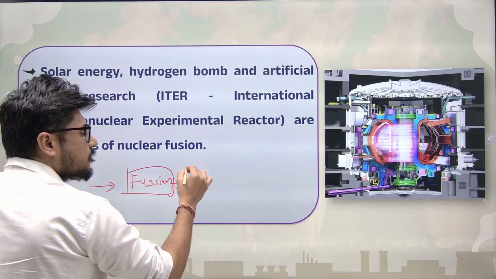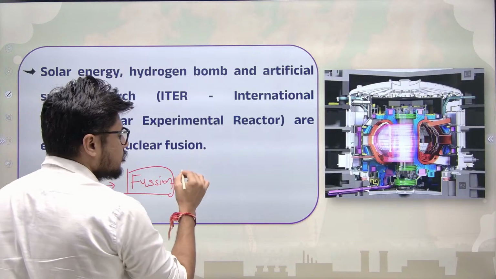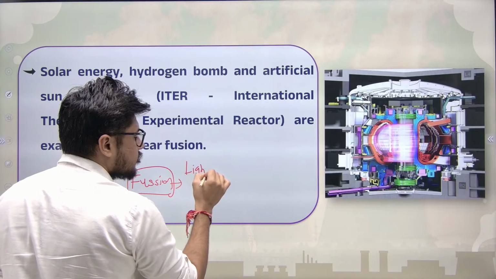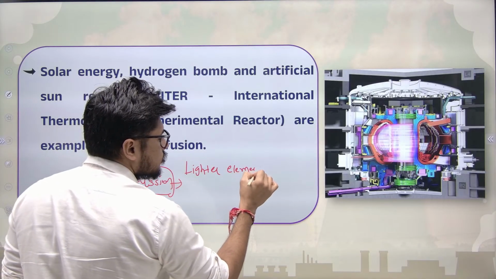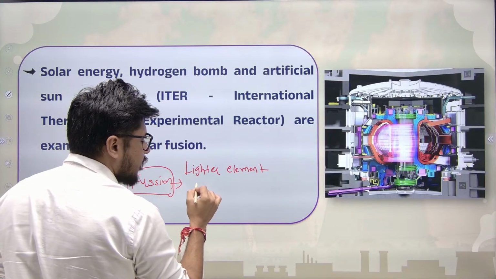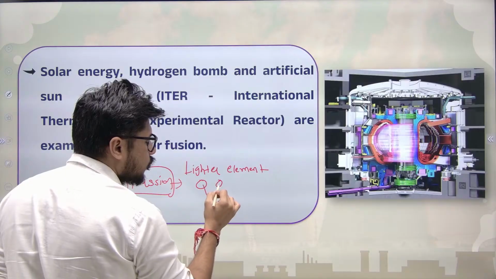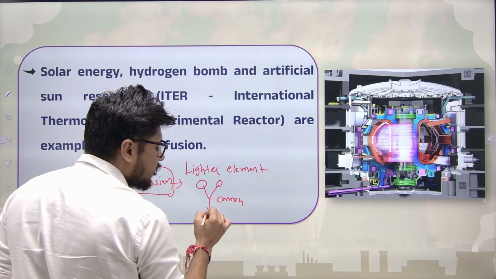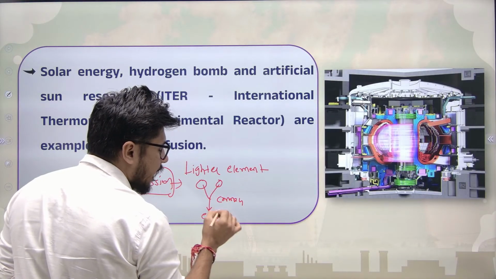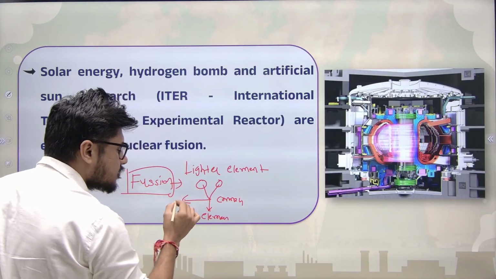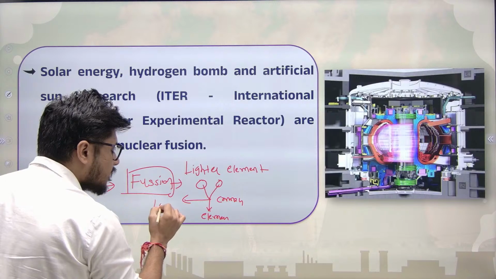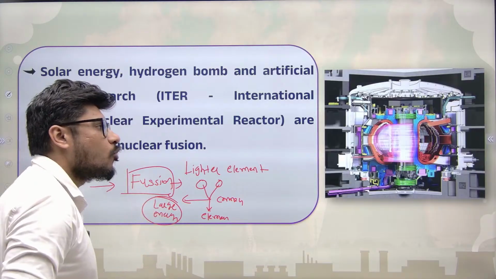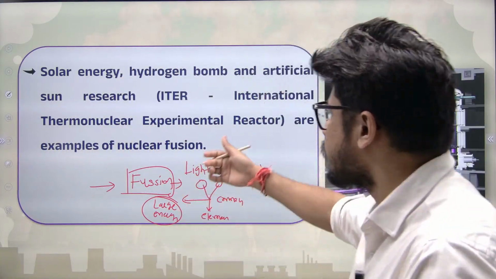In this fusion process, continuously a lighter element, two smaller nuclei of these lighter elements, connect and create a new element, and in this connecting process, they dissipate a large amount of energy, and that's how the sun gets its own energy, solar energy.